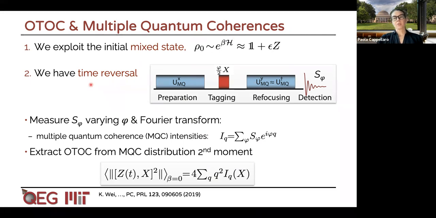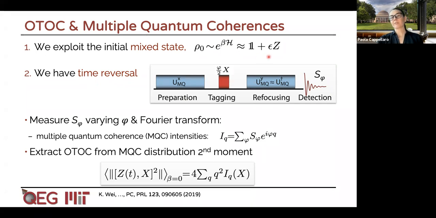And we exploit two tools, which are proper to NMR, and you cannot really find in many other techniques. The first one is that we have an initial mixed state. And actually, it's a very, very highly mixed state, very high temperature. We have a Boltzmann distribution as our state. And the main Hamiltonian is just the Zeeman interaction of the spin with the large magnetic field.